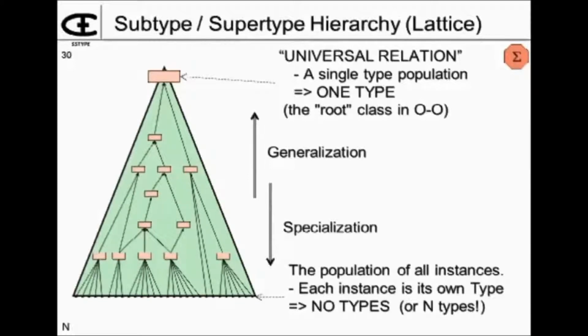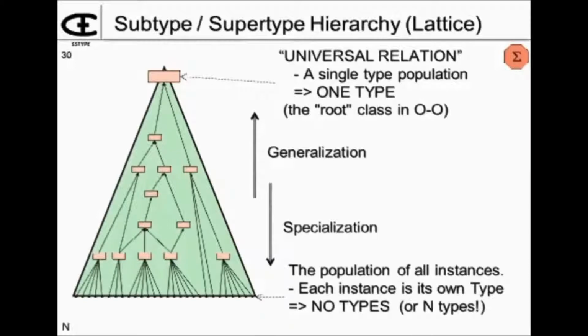I dug through some of the mathematical literature, and there is a lattice, but in a lattice there's a single point both at the top and the bottom. So this is like a half a lattice or a partial lattice, because we don't come to a single point at the bottom, we only come to a single point or single population at the top.